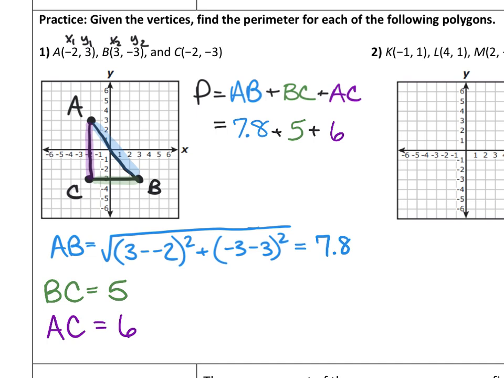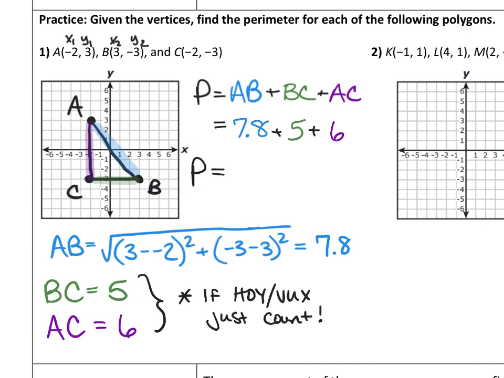If you want to write a note to yourself, that might be a good thing. So for these two, we said if it's horizontal or vertical, just count. That's a good note for yourself. Once we have all 3 sides, remember the goal here was to find perimeter. Perimeter is the distance around the figure, which means we just have to add those numbers up.